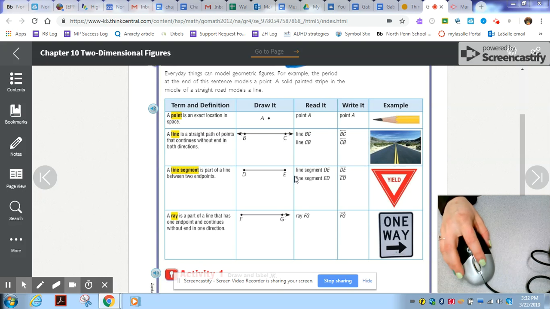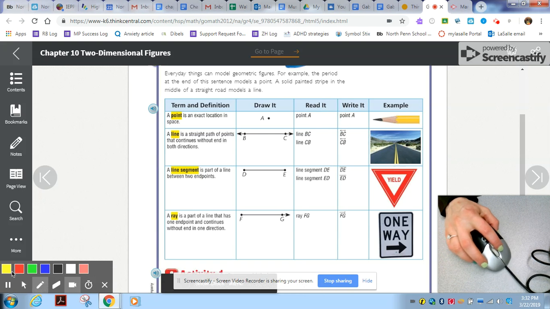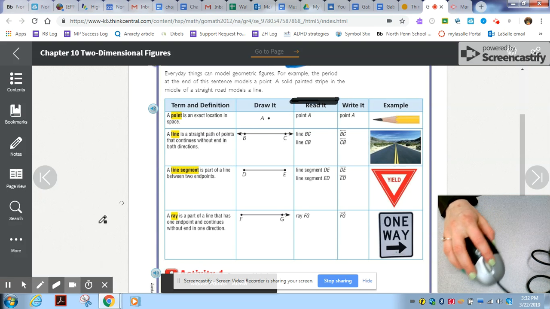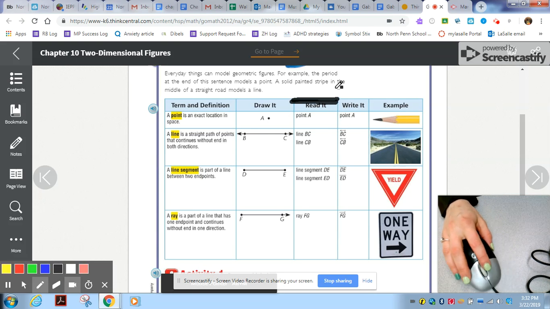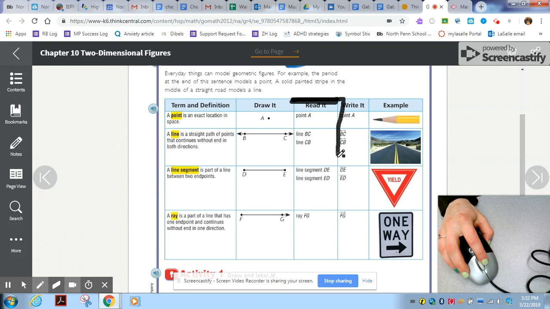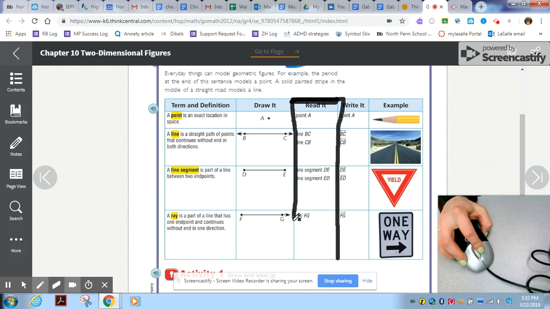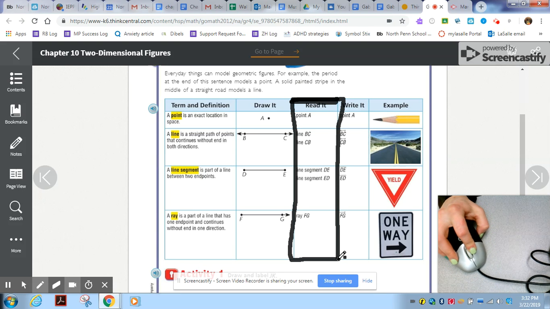Now we're going to extend that a little bit and learn how to read these things. I'm going to put a box around this column. It's not the color I wanted. There we go. Okay, well, I guess it just doesn't want to be yellow. That's fine. We're going to really focus on this column, which is reading it, and this column here, which is writing it.